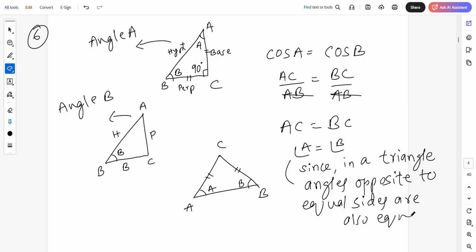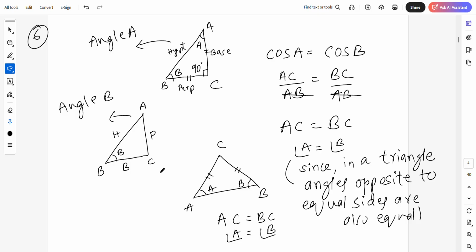What does it mean? It means that if AC is equal to BC, the angle opposite to side BC, that is A, will be equal to the angle opposite to side AC, that is B. If AC is equal to BC here, then angle A will be equal to angle B.